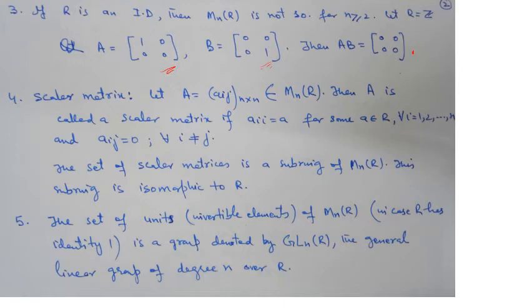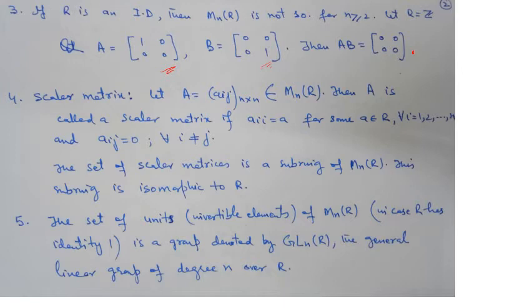We have one more fact, the diagonal matrix. A diagonal matrix is a matrix A where all entries except diagonal entries are 0.